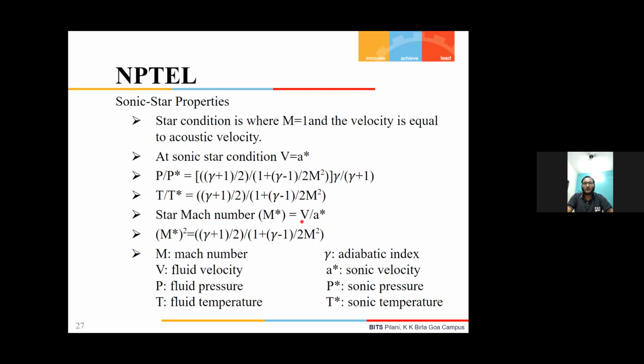We found the relation between the star Mach number and Mach number. When Mach number reaches an infinite value, the star Mach number has a finite value, which helps in the mathematical calculations further.